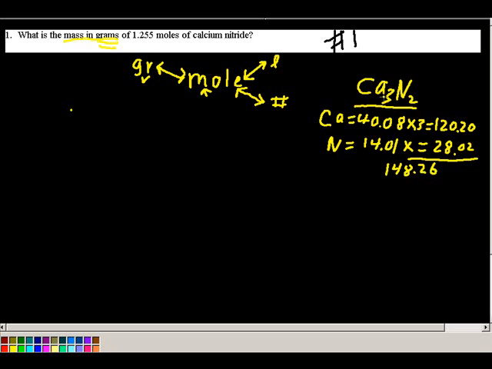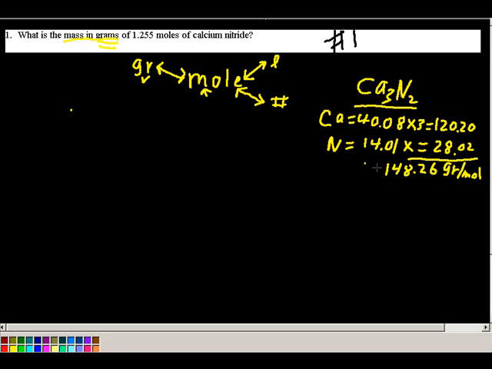But if you have a mole worth, or 6.02 times 10 to the 23rd of these molecules, then you get this weight in grams per mole. So we call this the molar mass.